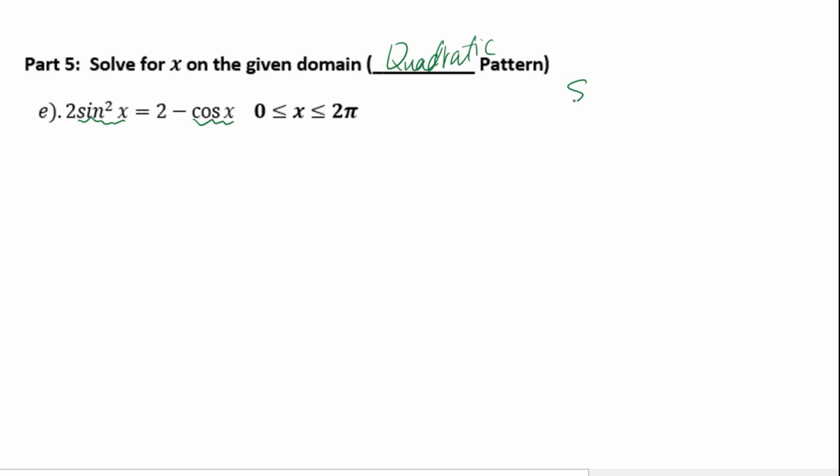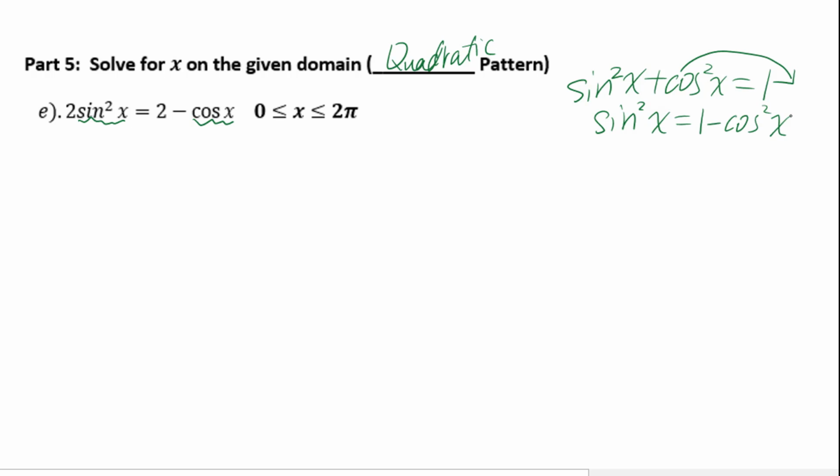We do know the trig identity sin square x plus cosine square x equals 1. So for sin square x minus cosine square x both sides, you will get the sin square x equals 1 minus cosine square x.